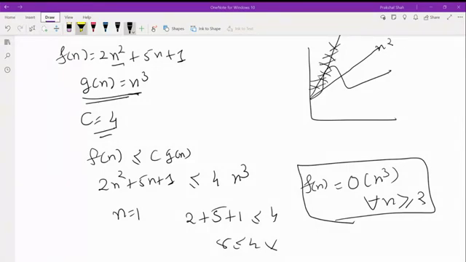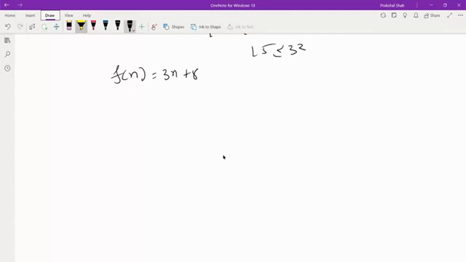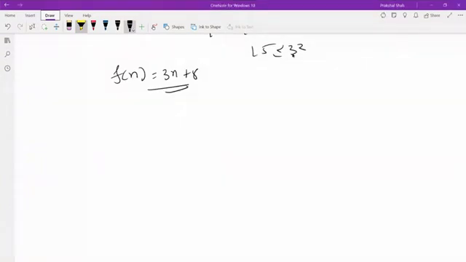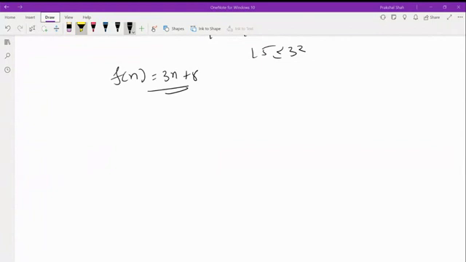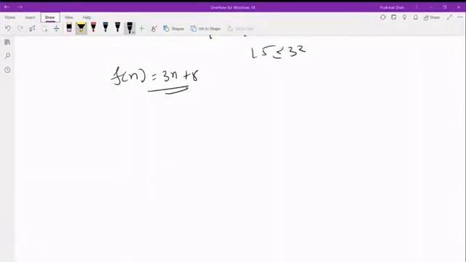Okay, so let's consider this example. Let's say we had f of n equals 3n plus 8. We had this, right? So for this, we assumed that for every n greater than n0, we have to find something.